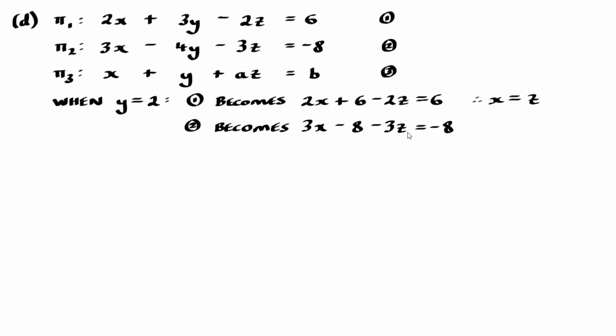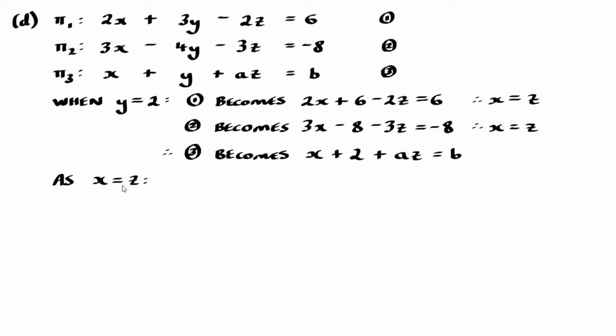And similarly, for equation 2, we would have 3x subtract 8 subtract 3z equals -8. The -8's cancel. We are left with 3x subtract 3z equals 0, in which case x is equal to z. So now, bearing that in mind, if we think about equation 3, when y equals 2, we would have x plus 2 plus az equals b.